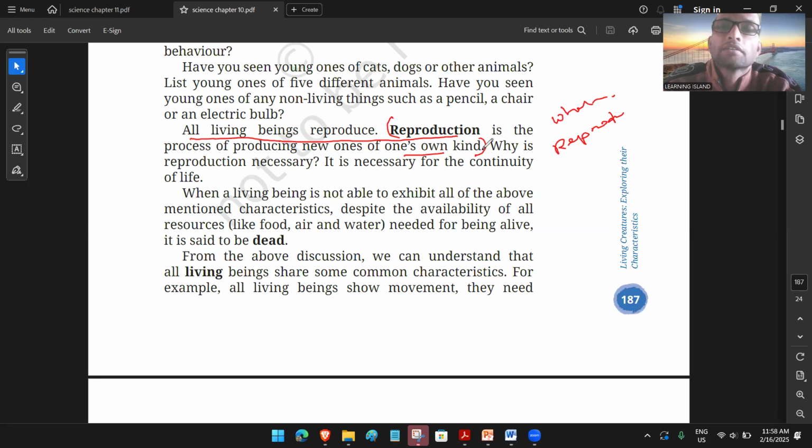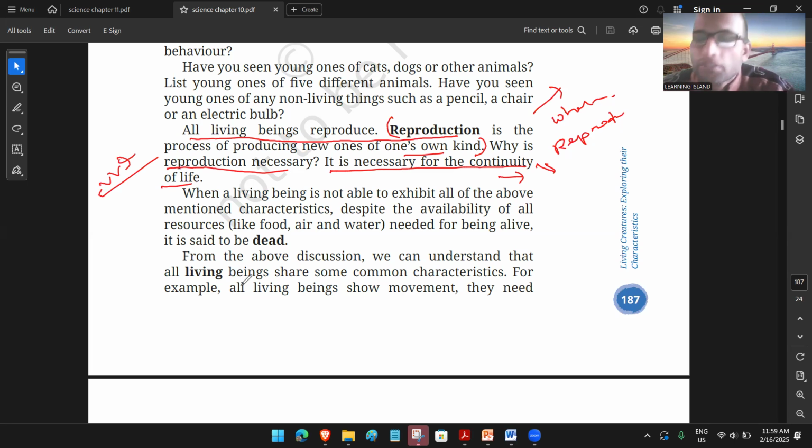One's own kind: touch-me-not plant will give birth to a touch-me-not plant, a human being will give birth to a human being, a doggy will give birth to a doggy. So it will be of its own kind. Why is reproduction necessary? Very, very important question. It is necessary for continuity of life. Very, very important part. So my dear students, note it down seriously, okay?